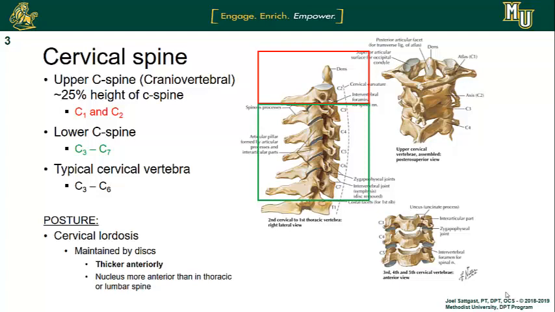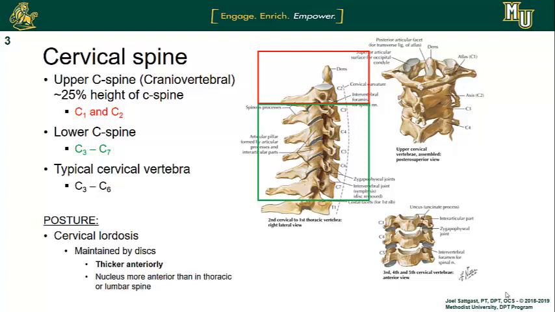The upper cervical spine is different due to the orientation of not only the atlas, but also the axis because of the dens and the lack of a spinous process on C1, as well as the vertebral prominens on C7. It becomes more of a thoracic vertebra at that point.